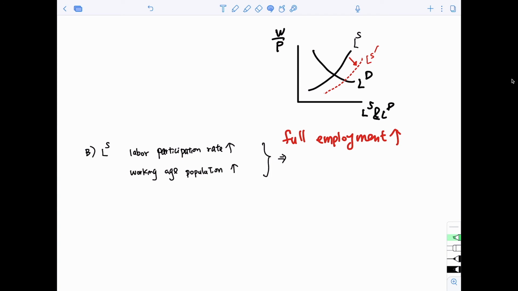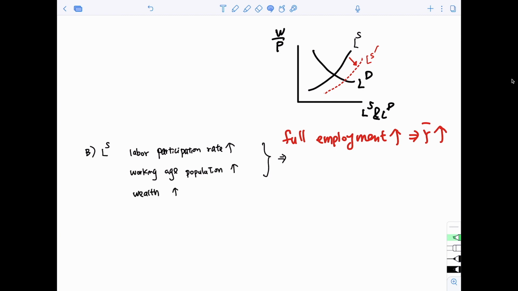Because of that, the full employment level rises, because the labor supply curve shifts to the right, so the equilibrium quantity of labor supply and demand rises. Therefore, the full employment output is higher due to higher full employment.